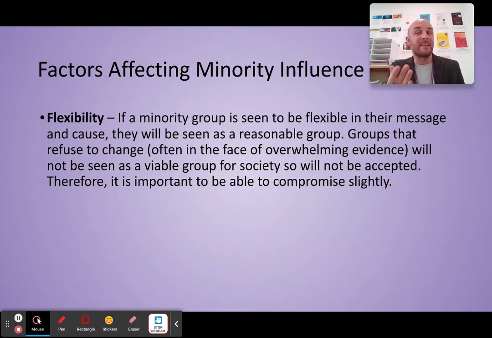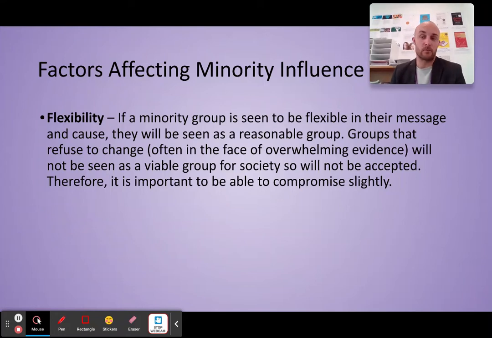Religion is not particularly flexible, and this is not me being anti-religious. I'm just picking an example. And this is why science and religion clash quite a bit, because religion generally is seen as quite inflexible. It's not particularly the most flexible kind of institution or belief.